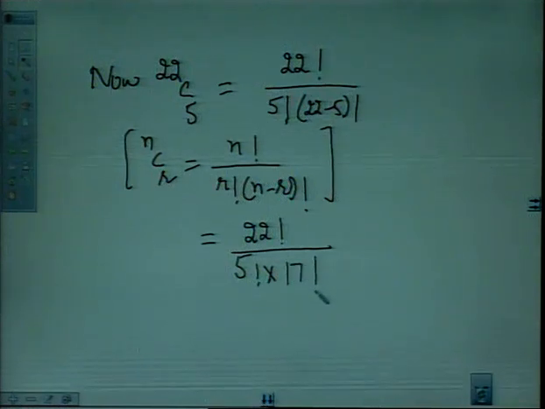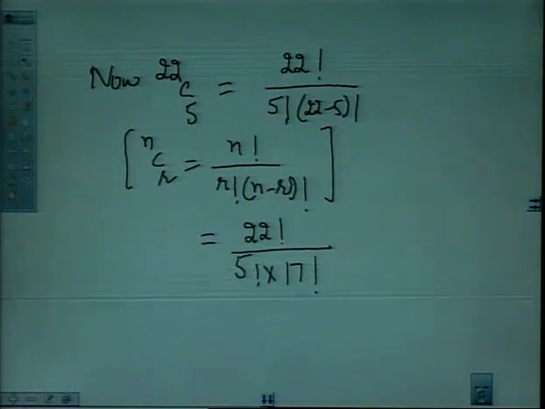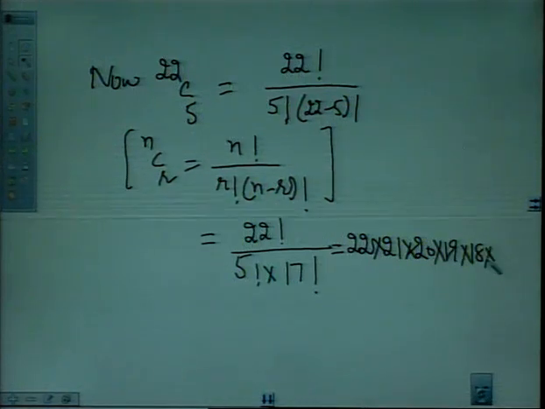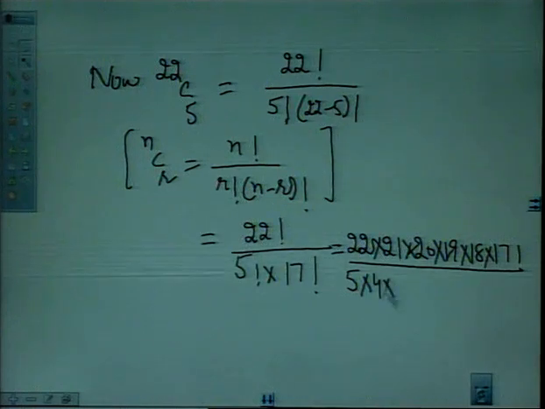Now, the question is how to solve these factorials. In the numerator we have 22 factorial, in the denominator we have 17 factorial. We will expand 22 factorial in terms of 17 factorial. This can be written as 22 into 21 into 20 into 19 into 18 into 17 factorial. In the denominator, 5 factorial means 5, 4, 3, 2, 1, and 17 factorial as such.